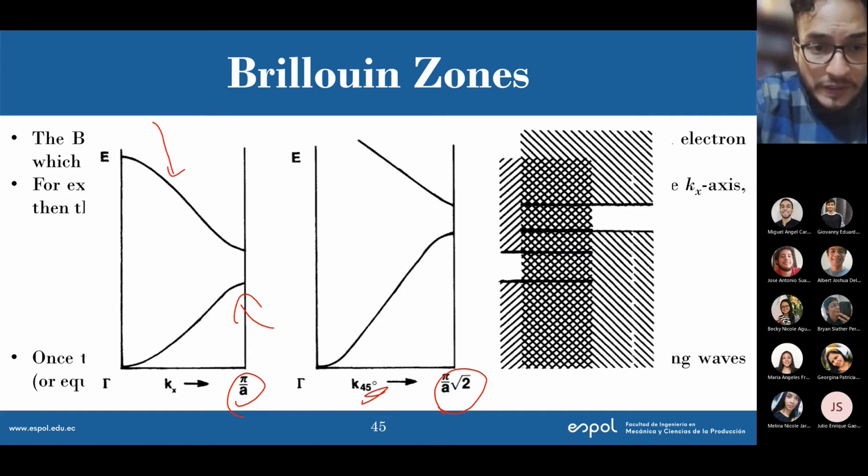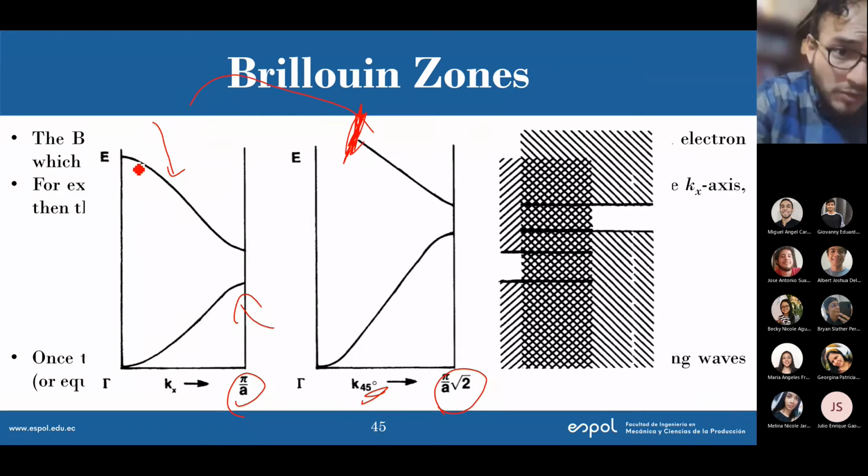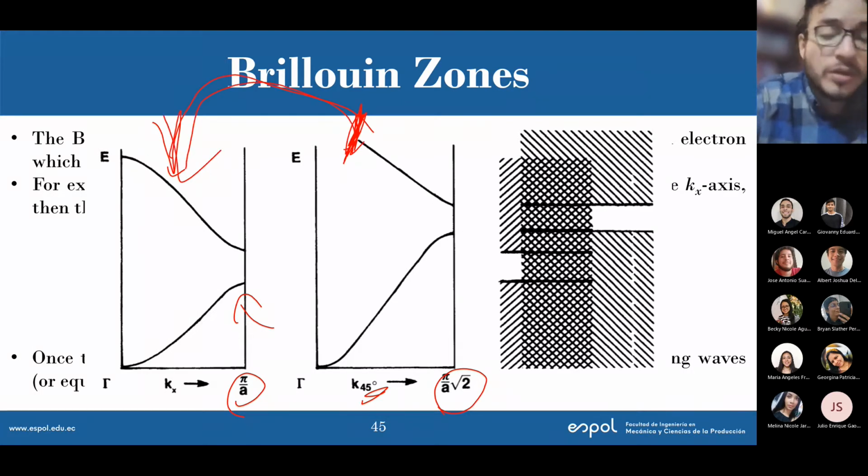If you put this graph on top of this graph, just put it on top, you will see an overlap of values, right? Well, that's actually the difference. This is what happens in metals, for example.